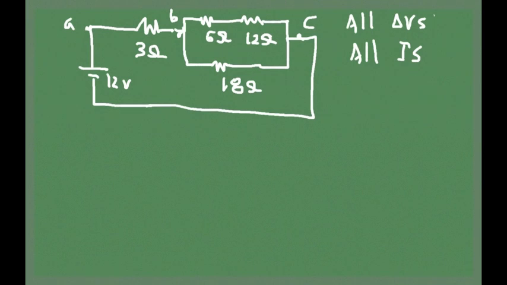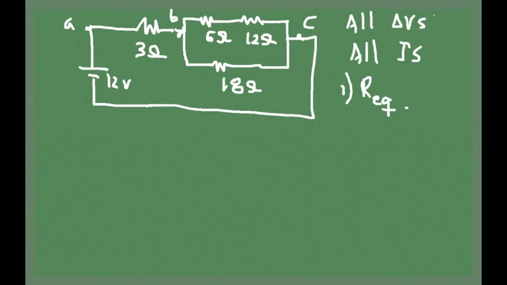Because if you know the equivalent resistance of the whole circuit, the first current that you're going to be able to find easily is the current that goes out of the battery. Because that current will be 12 divided by whatever your net resistance for the circuit is. Okay? And once you have that current, then you can continue to try to find the other currents and other voltages and so on.